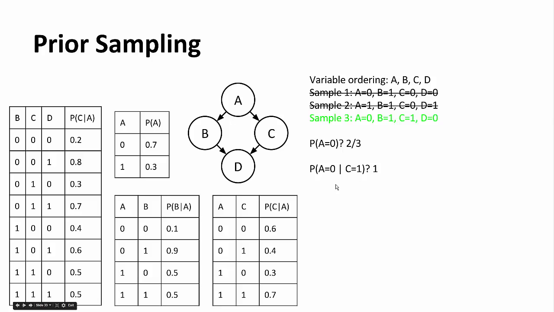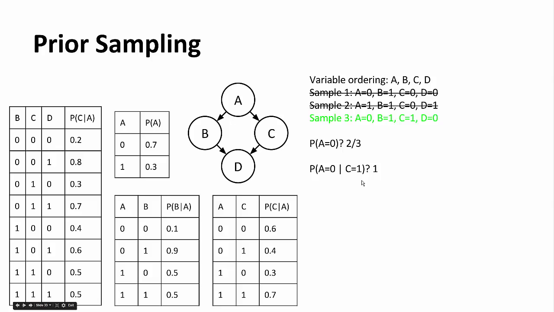We're only allowed to use sample 3. So this is one sample where A equals 0 out of 1 total samples that we can use, which gives us a probability of 1. You can still estimate this, but as you can see, we did a lot of work generating sample 1 and 2, and all that work has gone to waste for this query. So prior sampling is not ideal for estimating conditionals.